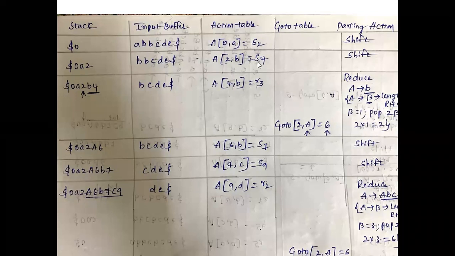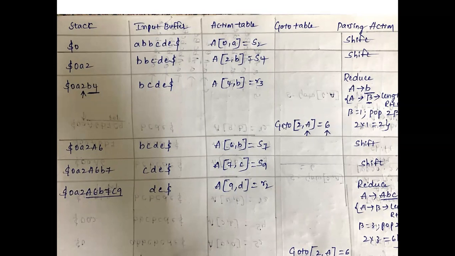I'm implementing this from the algorithm and performing the parsing for the input string. I'm mapping this with A tends to beta. What is beta? The length of the RHS, which here is only 1. After knowing the length of the RHS, we need to pop 2 beta, that is 2 into 1, and here we're popping this 4 and B. Now we need to use the goto table.